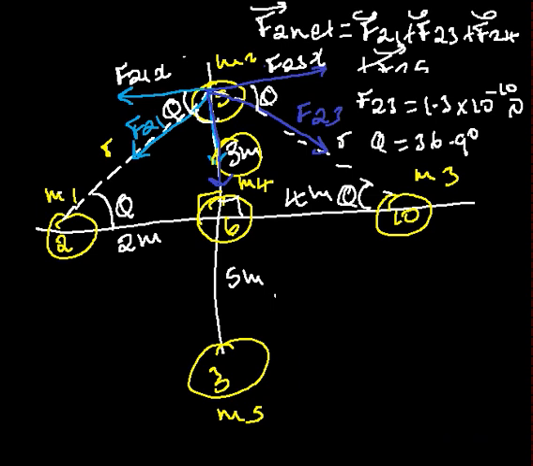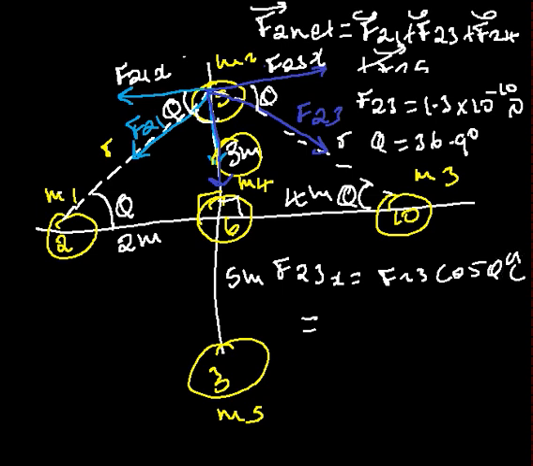Now that will have it as F for 3x, and since it is going to the right, we'll have it as the positive F23x, which is equal to F23 cos theta, and that is the i component, because that is the positive x component. And what is that?